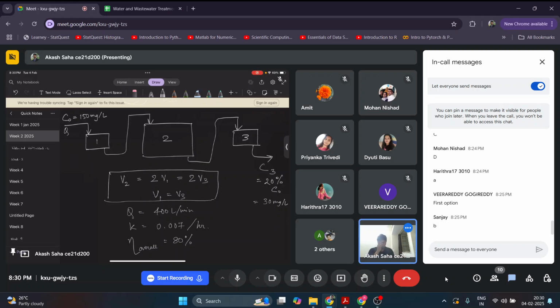Now what you have to do is find out the volumes V1, V2, V3 and the individual efficiencies eta 1, eta 2 and eta 3. So this is the overall picture of this problem. Is it clear? Does anyone have any confusion? Can you do it? Let me know if you have any problem.